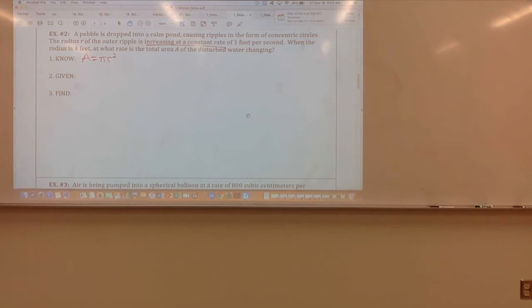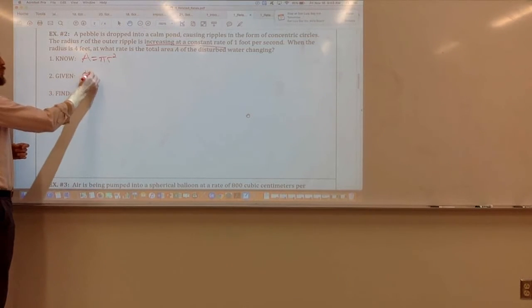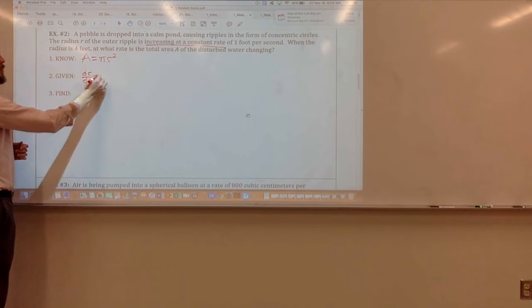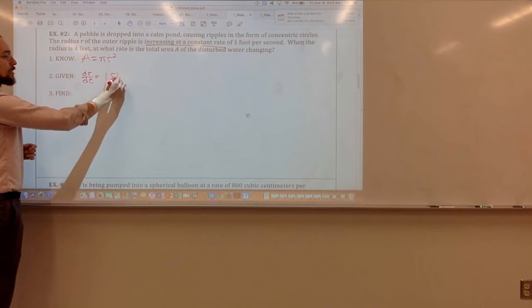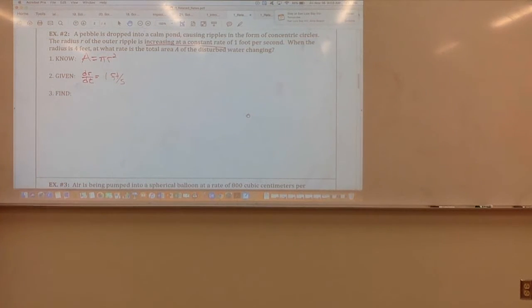We are given a rate at which something is changing. So dr/dt, the rate at which the radius is changing, is 1.